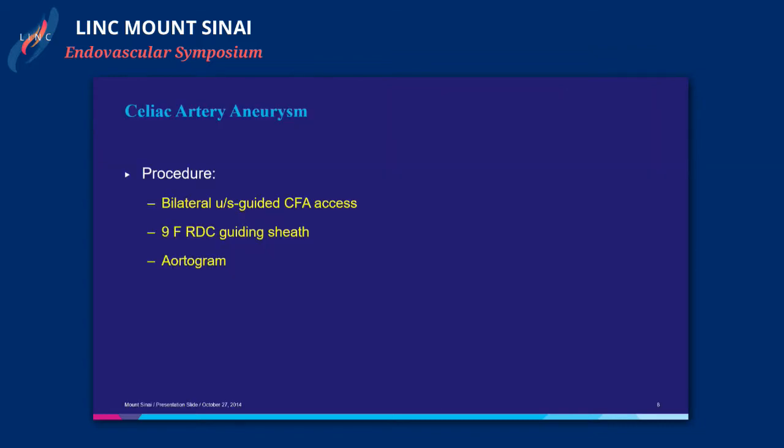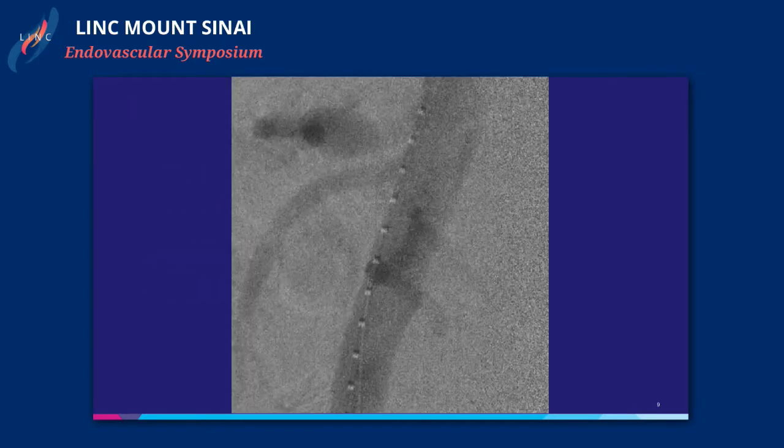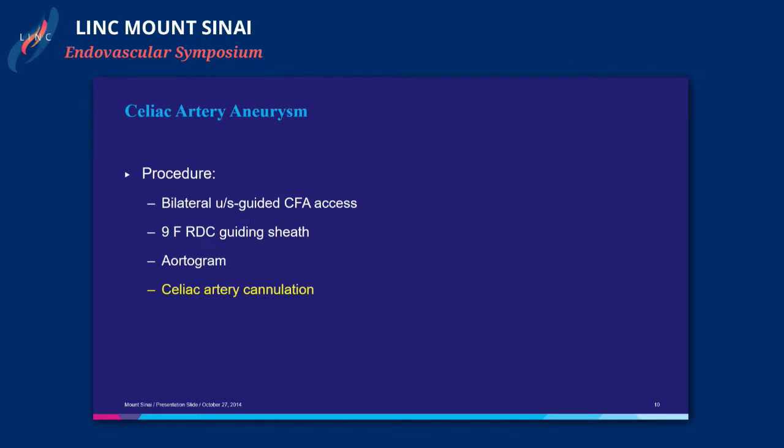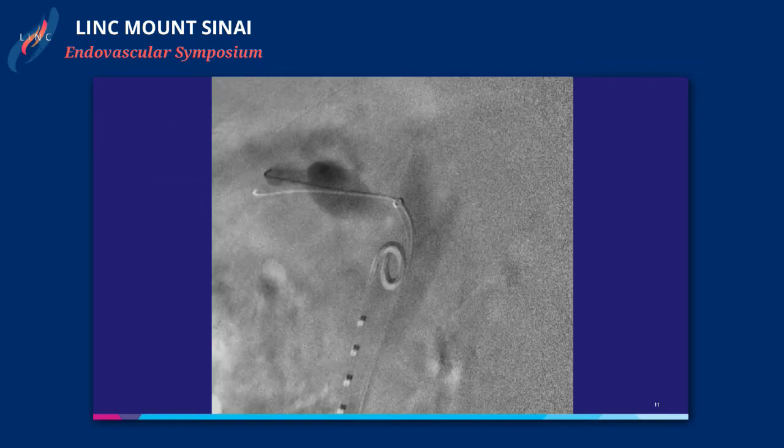So we performed bilateral ultrasound-guided common femoral access. We put in 9 French renal double curve guiding sheets and performed our aortogram. Again, I apologize for the limited images. But you can see here, essentially, getting our sheets up, and the projection of the aneurysm.